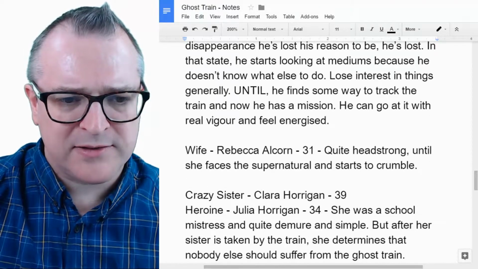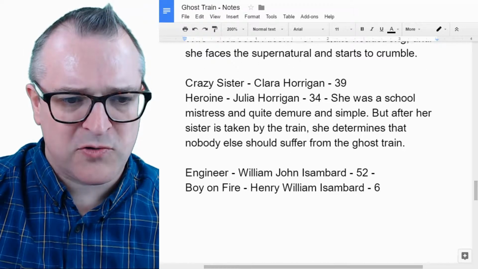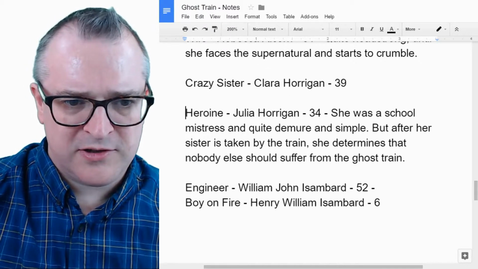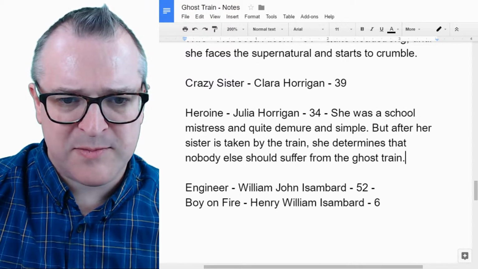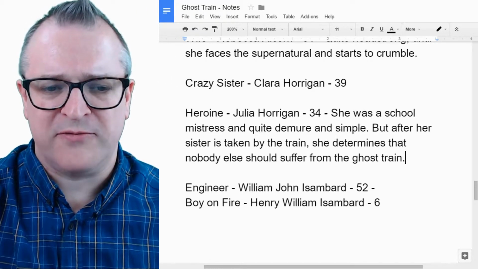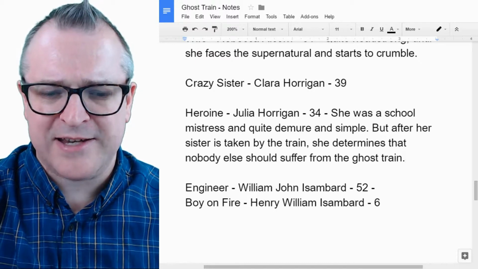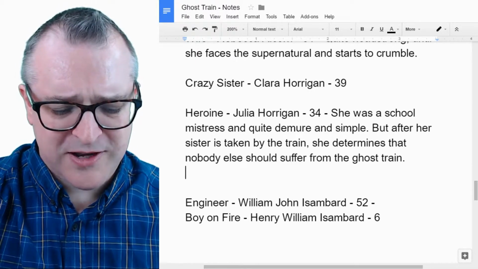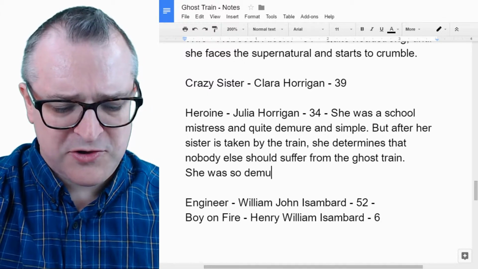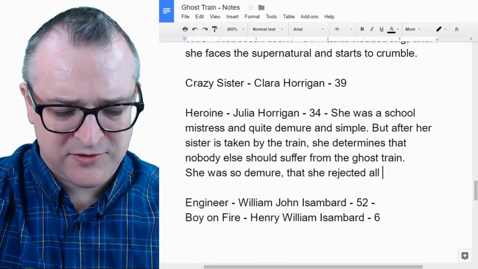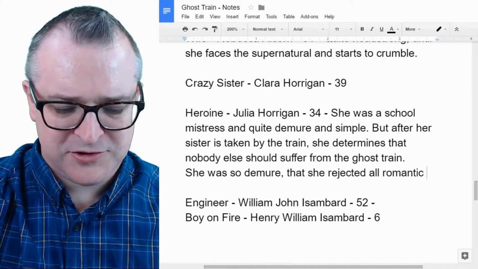Now, likewise, we come down to our heroine, who is Julia Horrigan. She was a schoolmistress and quite demure and simple. After her sister's taken by the train, she determines that nobody else should suffer from the ghost train. So she's got a similar ideal. But what I was thinking is that maybe she was so demure that she rejected all romantic suitors.